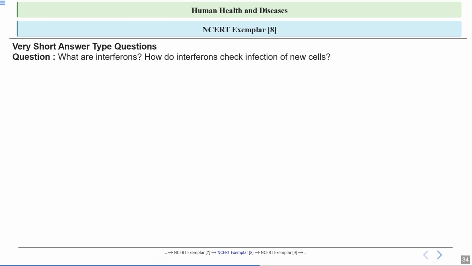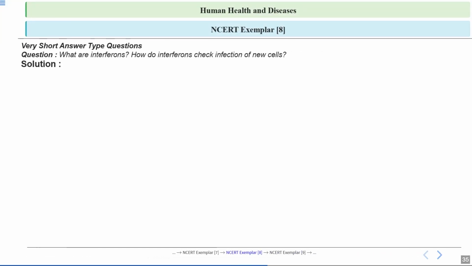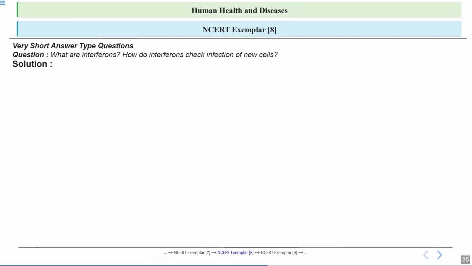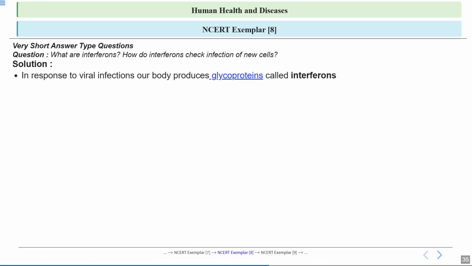Next question, what are interferons and how do interferons check infection of new cells? Now let's have a look at the answer. In response to viral infections, our body produces glycoproteins called interferons.